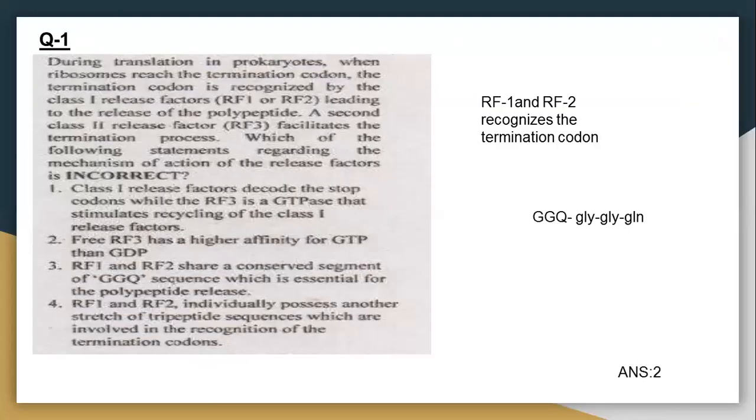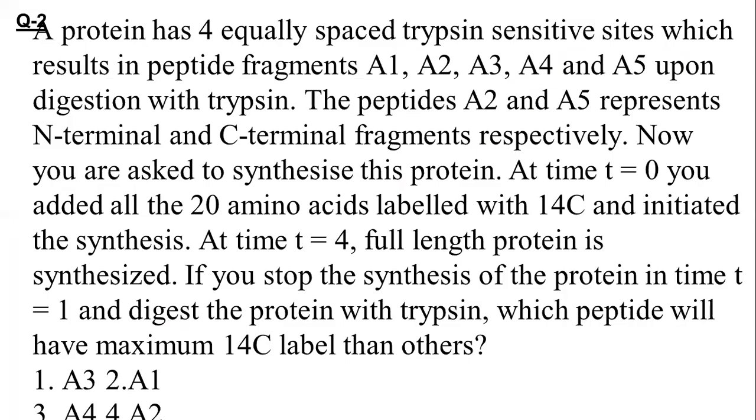So question number 2. A protein has four equally spaced trypsin-sensitive sites, which results in peptide fragments A1, A2, A3, A4 and A5 upon digestion with trypsin. The peptides A2 and A5 represent the N-terminal and C-terminal fragments respectively.